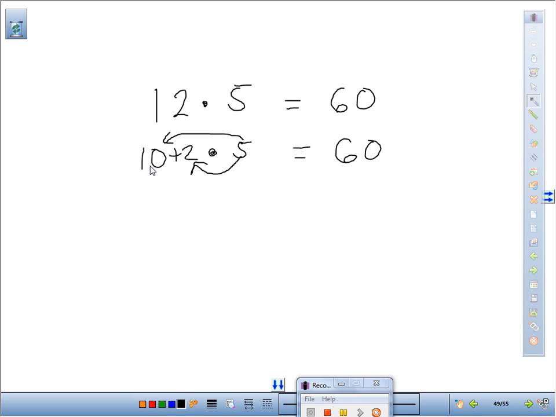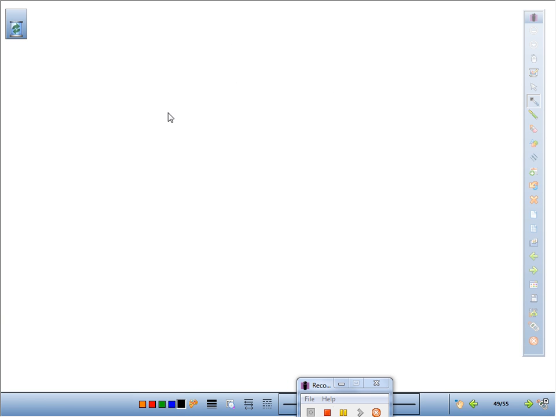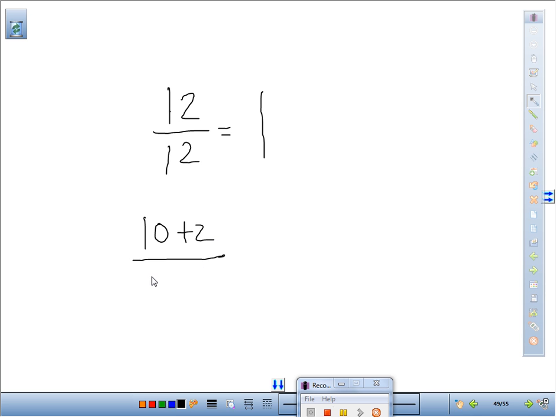Okay? So now, if I had a fraction, now that you understand this, 12 over 12. What is 12 over 12? 1. However, I can rewrite this as 10 plus 2 over 10 plus 2. Is that correct? Aren't these two exactly the same?